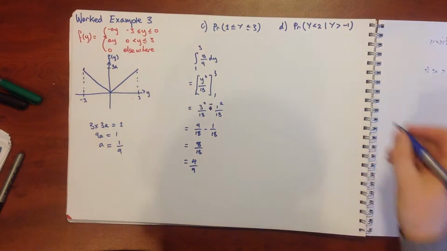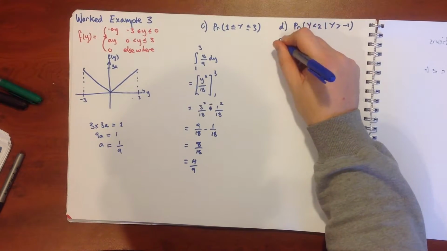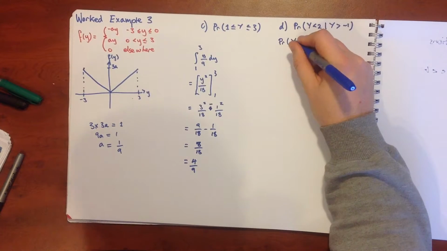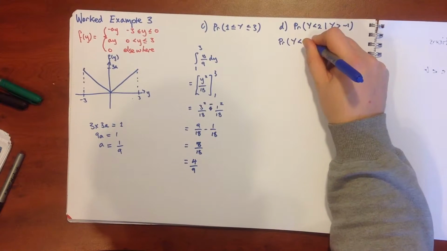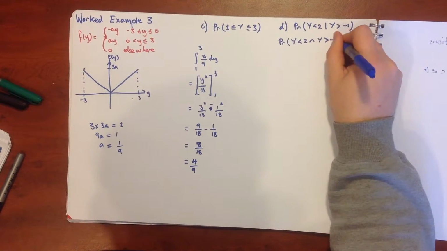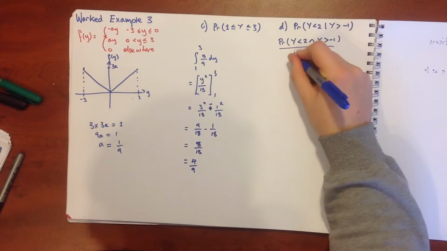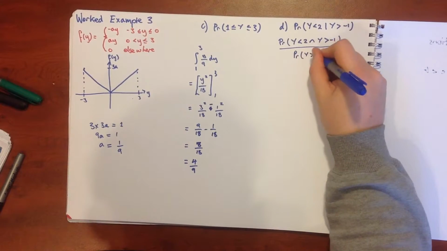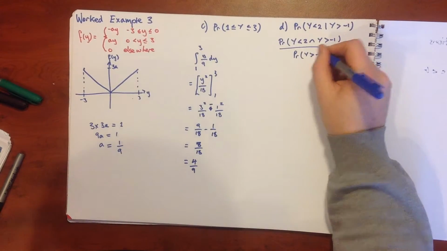What we need to do is find the probability that y is less than 2 intersect y is greater than -1, over the probability that y is greater than -1.